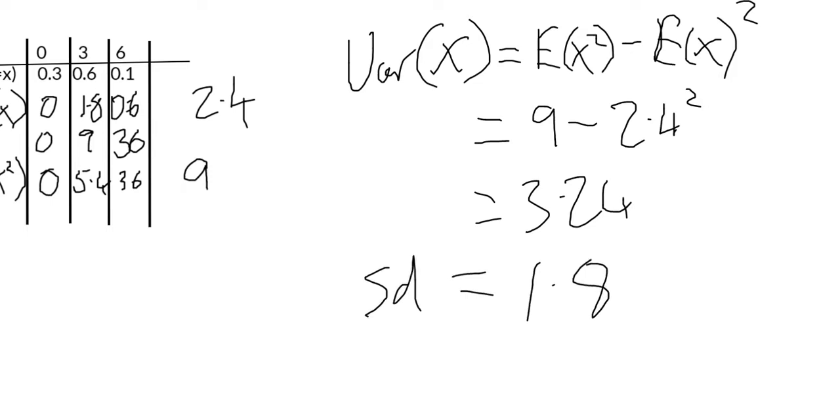I chose this one because it had some nice numbers. So our mean is 2.4, our standard deviation is 1.8, our variance is 3.24.